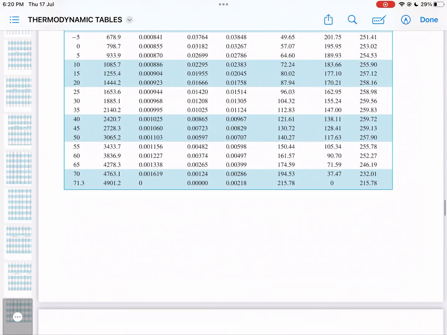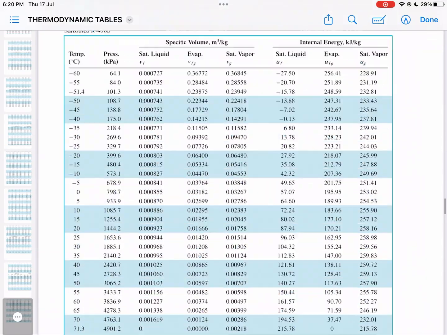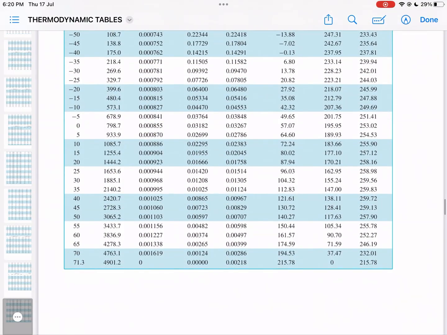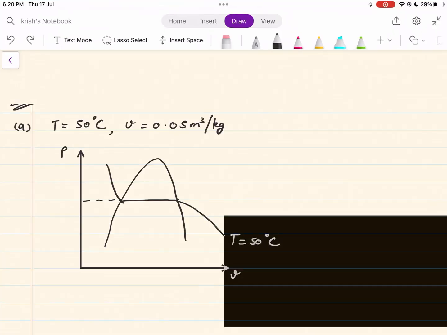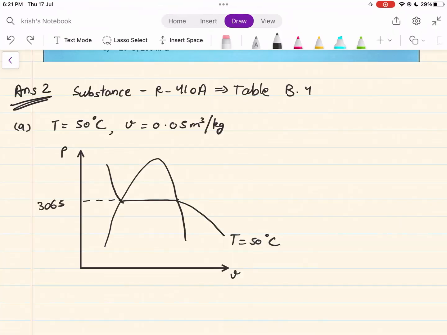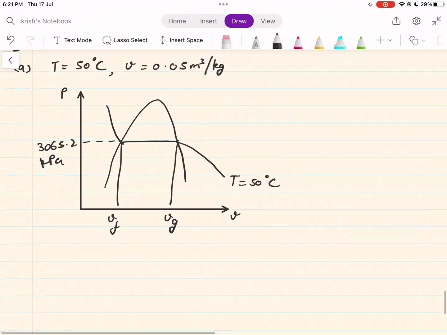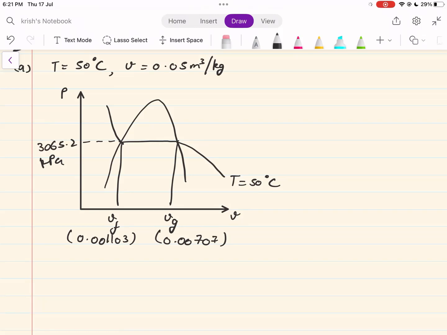Right. So at 50 degrees Celsius, our saturation pressure is some 3065 point something kilopascal. Our Vf and Vg: Vf will come out to be 0.001103 and Vg will come out to be 0.00707.